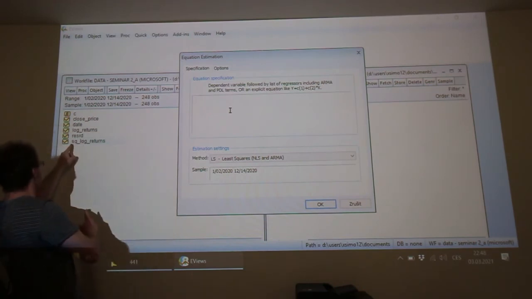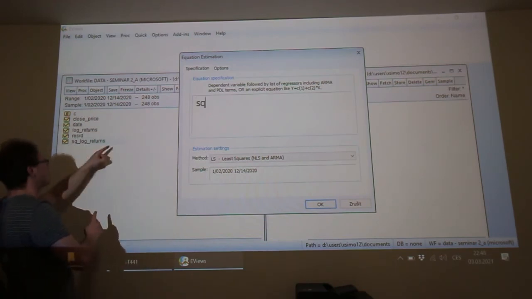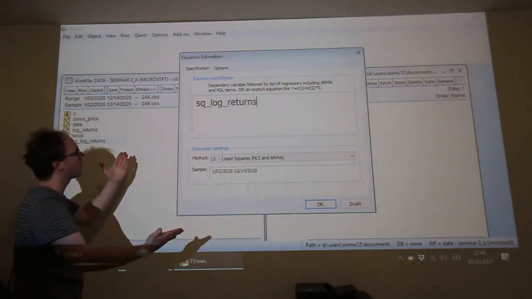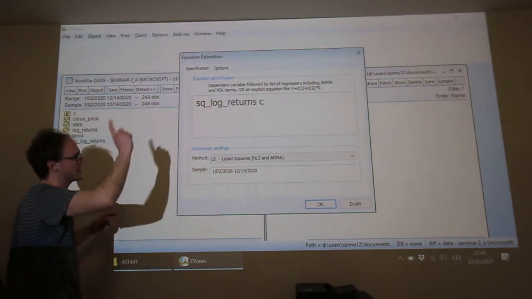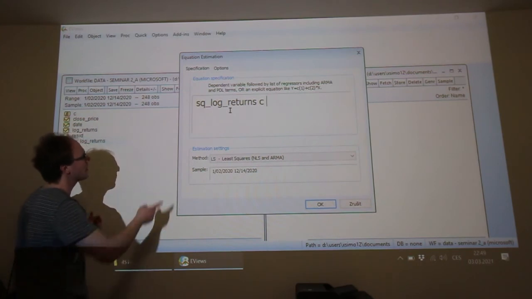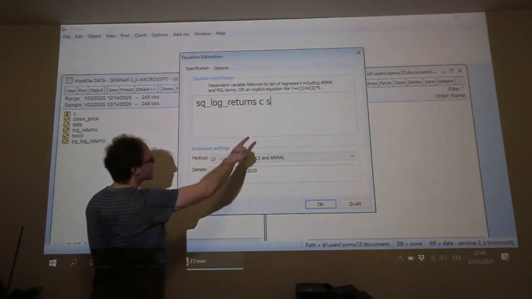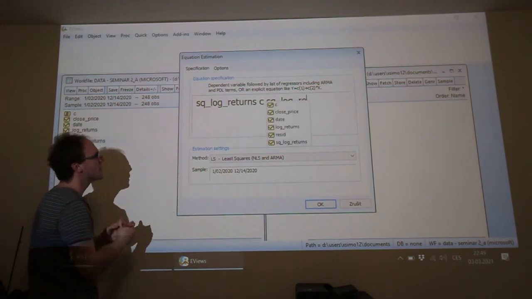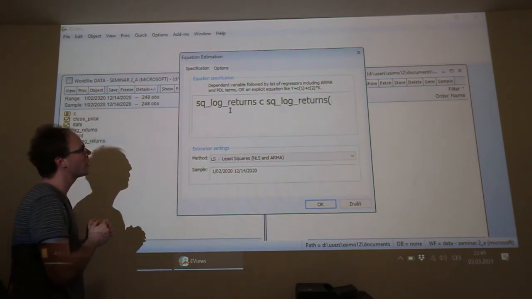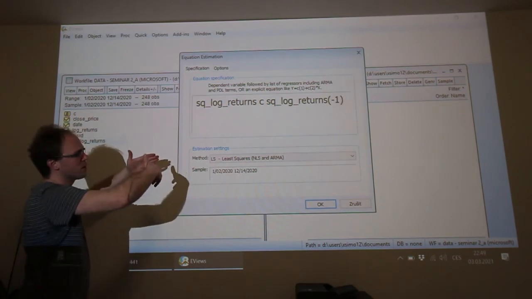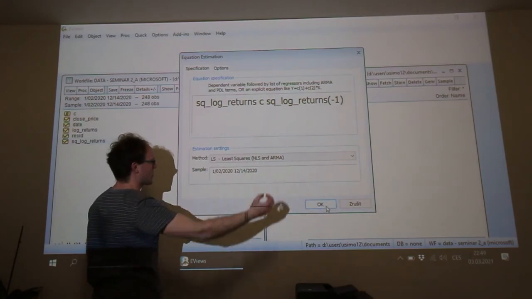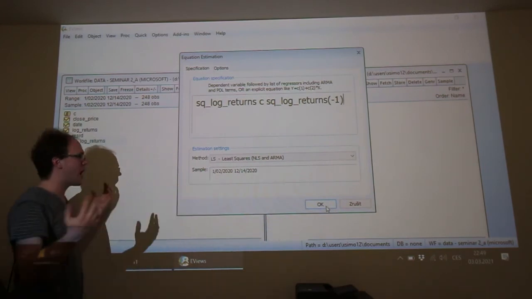We will write squared log returns as the dependent variable, space, c like constant, and squared log returns in position minus 1. So this will be the very simple regression model. We'll use least squares method on all samples.